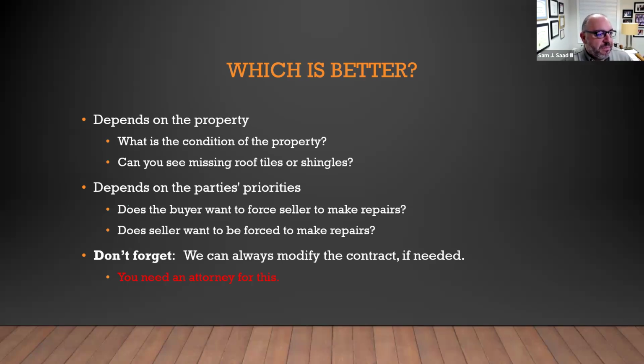Sam, I am not 100% familiar with the FHA and VA requirements with regard to pool screens, but I assume you're talking about under the NABOR forms, if you've got a loan and you have not waived your finance contingency and the loan is going to be denied because there's missing and torn screens, then that's a conversation that the buyer and seller through their realtors need to have, and you need to make a decision on both sides about how you're going to move forward.